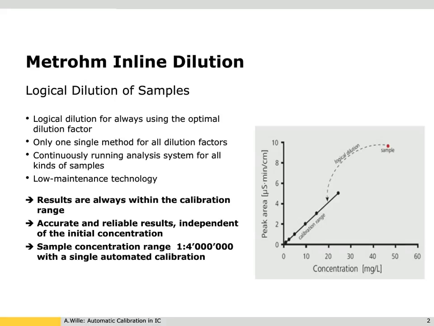So the results are always within the calibration range, and that, of course, increases the accuracy and the reliability of your results independent from the initial concentration. The complete sample concentration range for this technique can be 1 to 4 million. So we have here really a huge range which you can cover with a single automated calibration.